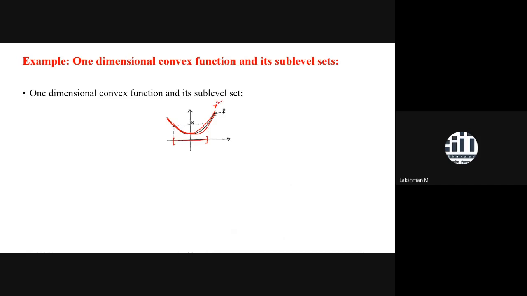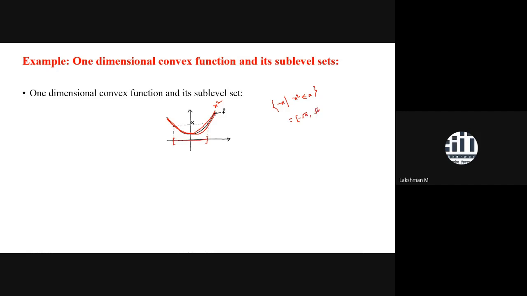So what is the sublevel set of this one? The sublevel set is defined in a similar fashion: x such that x square is less than or equal to alpha. If you solve this inequality, what will it give? It will give an interval, taking values between minus square root of alpha and square root of alpha.